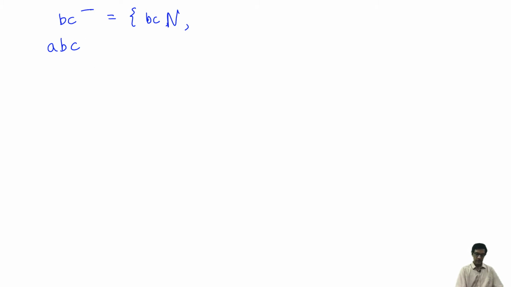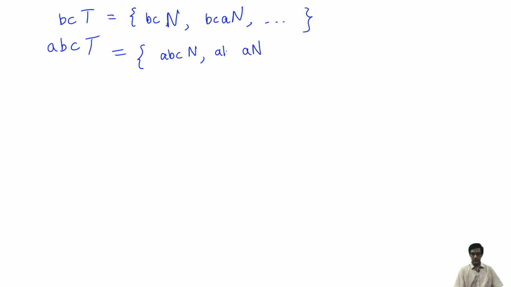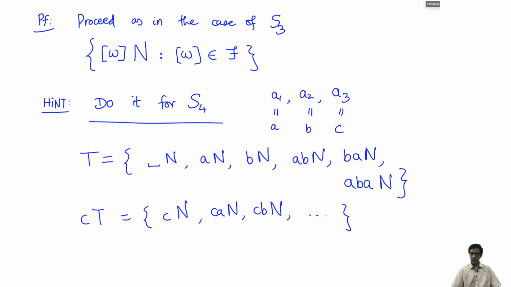T was my set of 6 cosets. So BCN, then BCAN, dot dot dot, 6 of them. ABCT again: I take ABCN, then ABCAN, dot dot dot. So I have 6 plus 6, 12 on this page and 12 on the earlier page. Show that these 24 cosets are all you need.